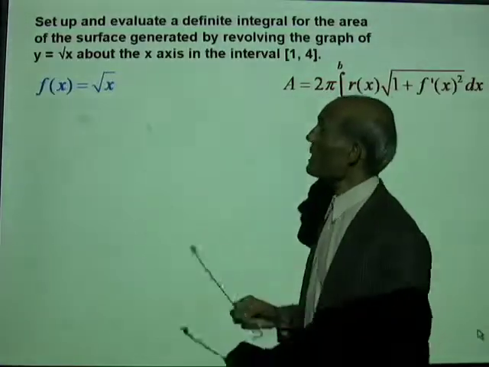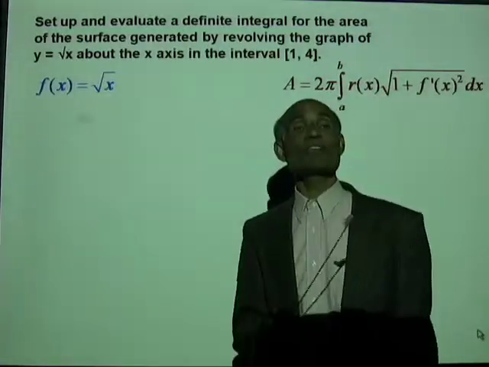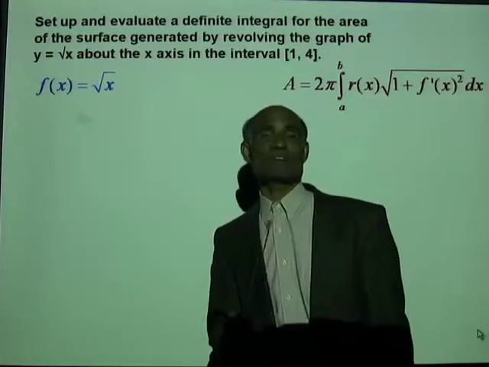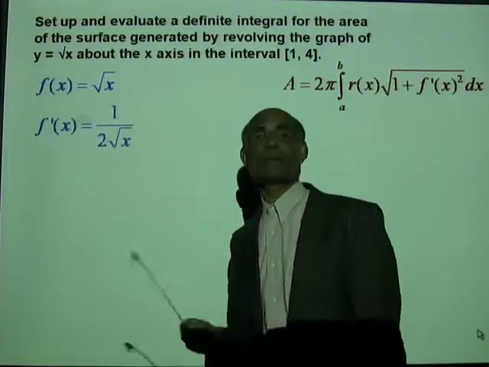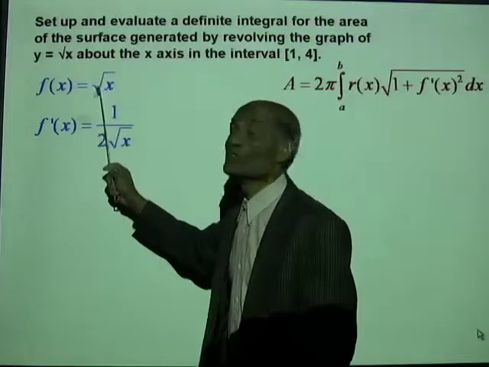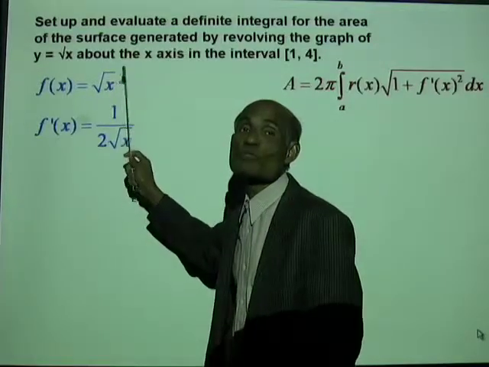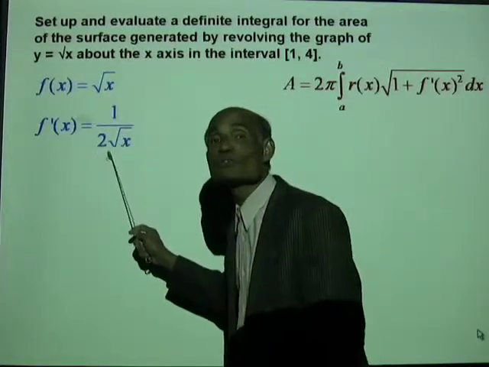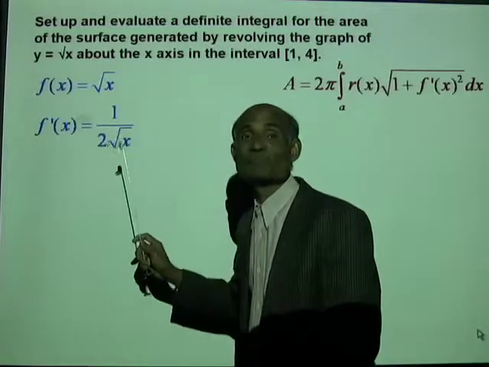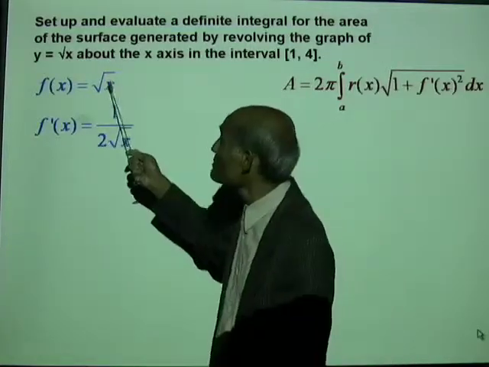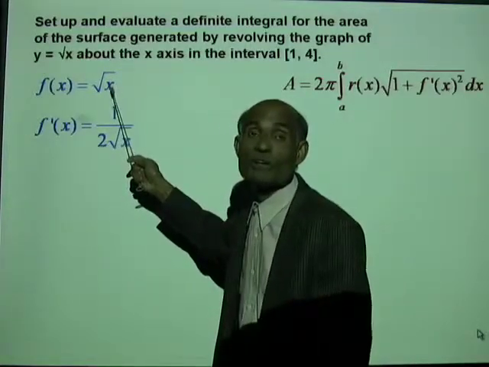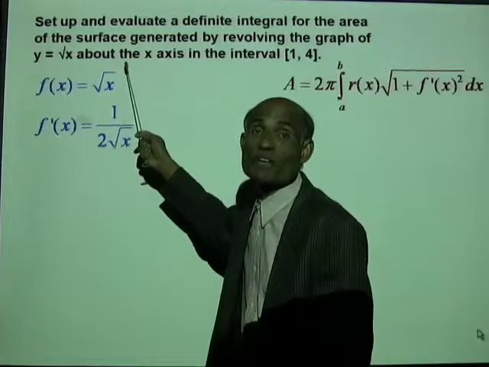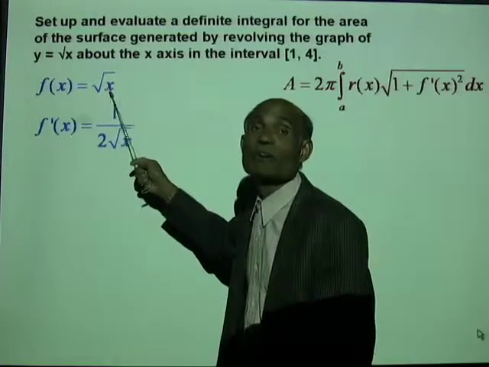Alright, where do we start? We start with f of x equal to square root of x. What is the derivative of that? F prime x, the derivative of square root of x, is 1 over 2 square root of x. Is that right? You can also do it using the power rule: square root of x means x to the power 1/2.